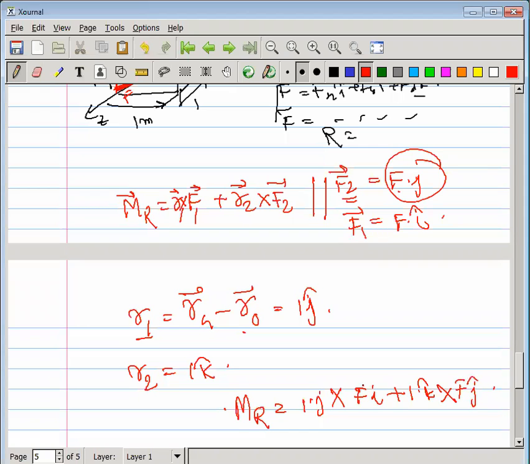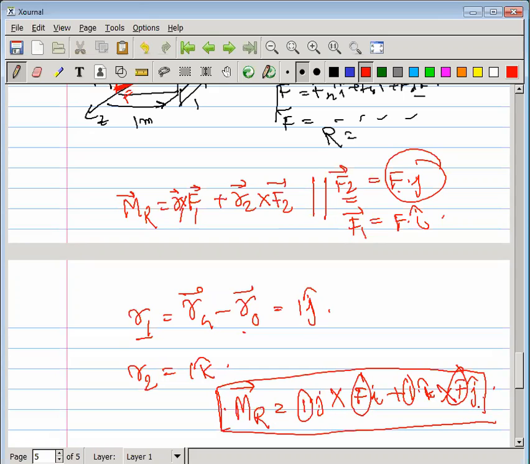Remember, these F are scalar quantities and these i, j, k are unit vectors. This 1 is the length of each side of that cube. And this is the resultant moment which we need to find out. So in such a manner it will come. Clear? Up to this, is it clear?